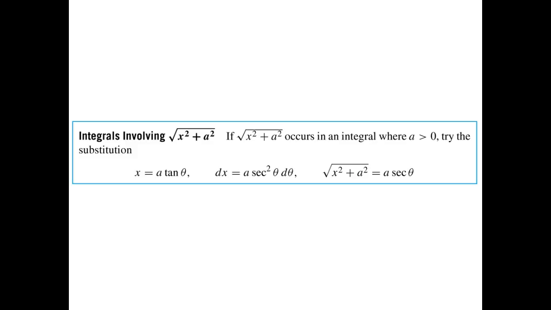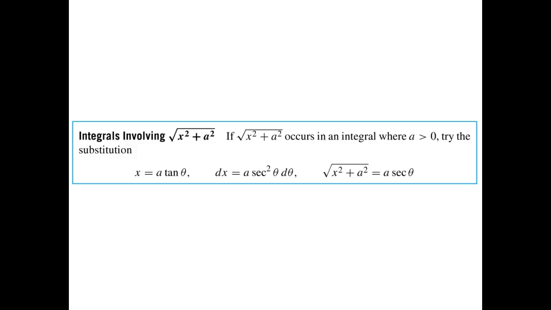Take your dx here. What's the dx of this? D of this? Secant squared. Yeah, a secant squared theta d theta. Okay? Now, they just sort of pop that on you. Let's think it through.